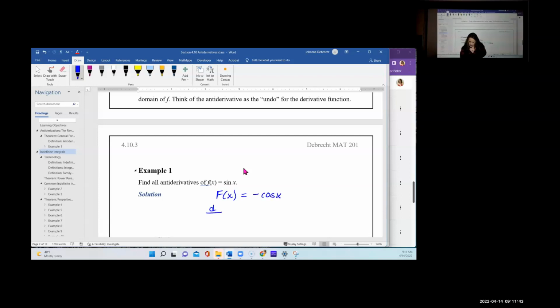Why? Because when I take the derivative of the antiderivative, then I will get back the lowercase function f. And that gives me sine of x, right? So the uppercase function, negative cosine of x, is the antiderivative.